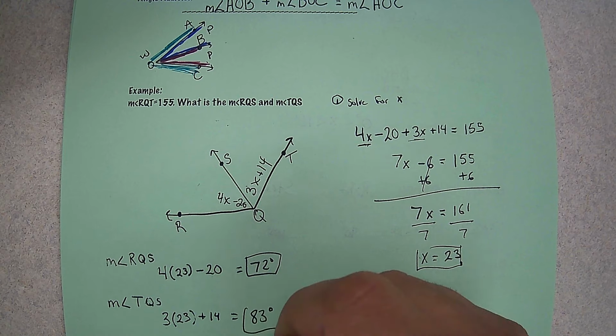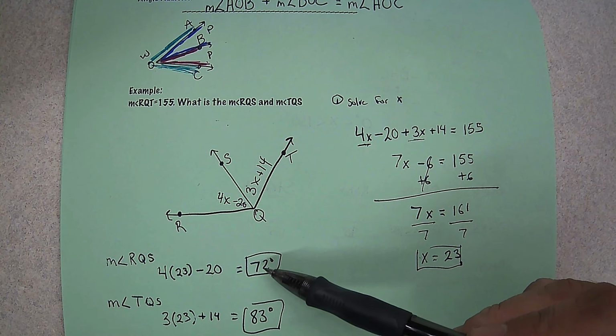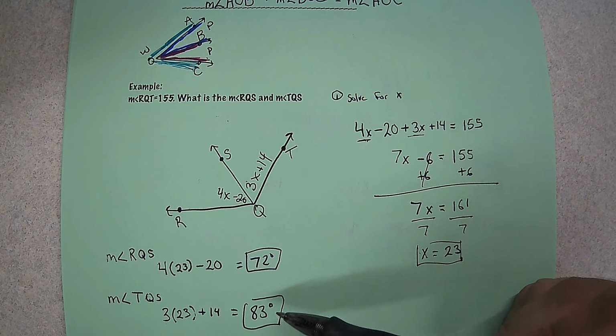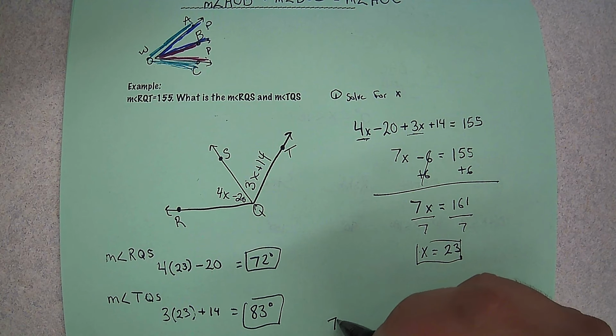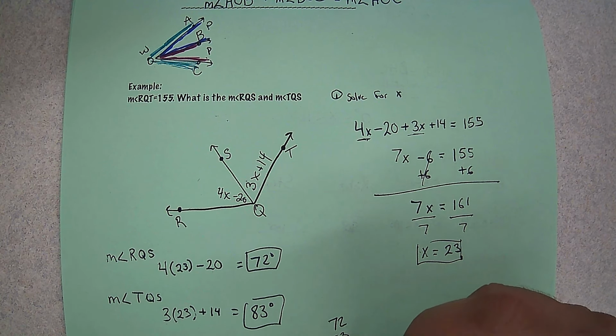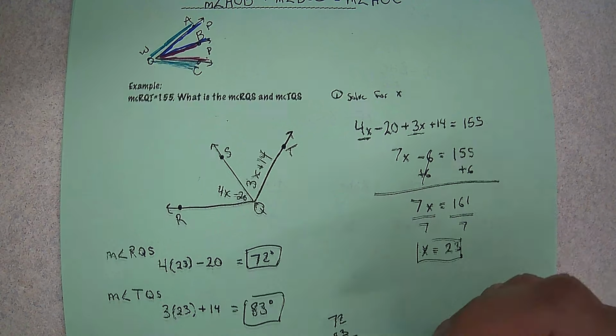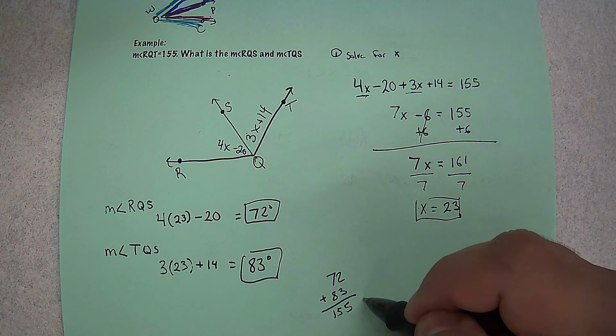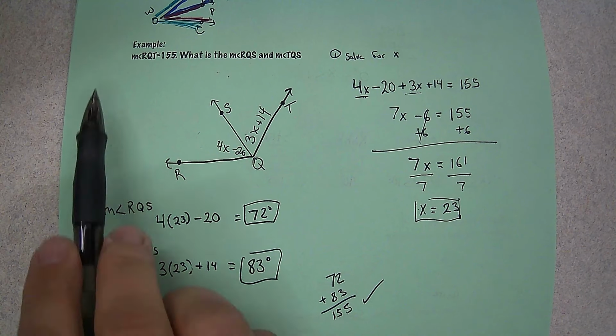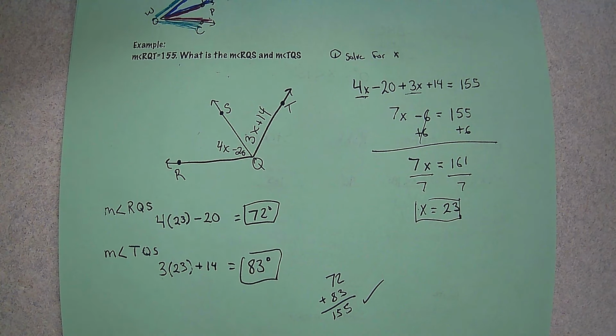Now we can check our answer. 72 plus 83, we get 155. So our answer checks out because they're supposed to add up to 155.